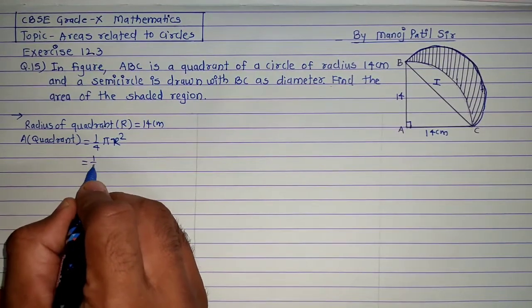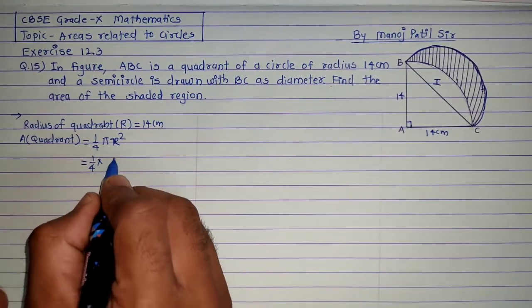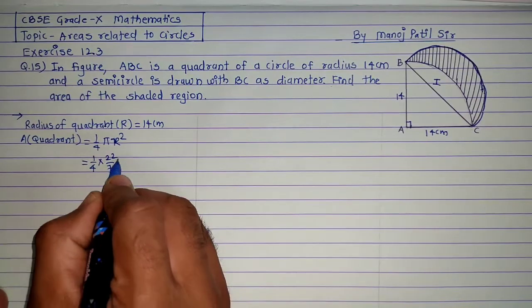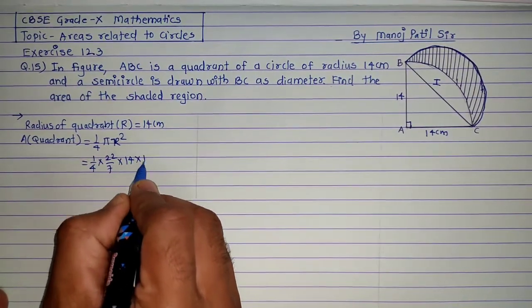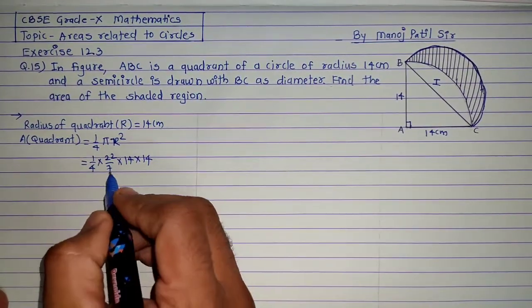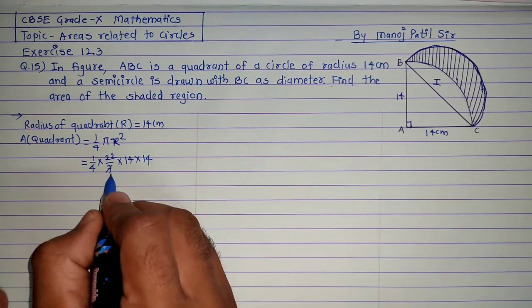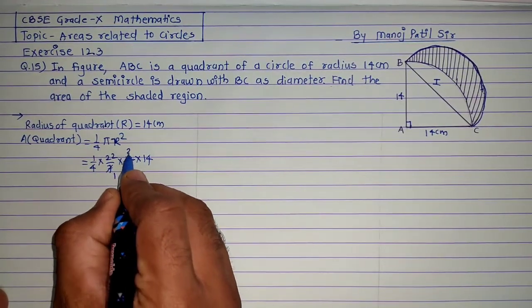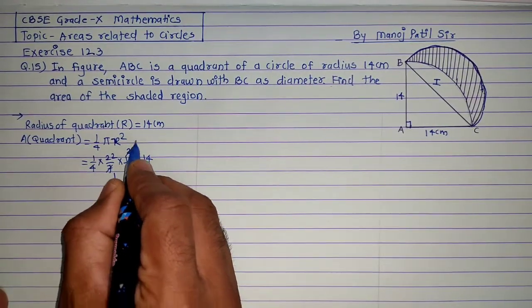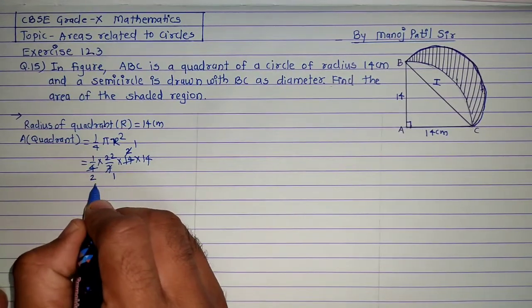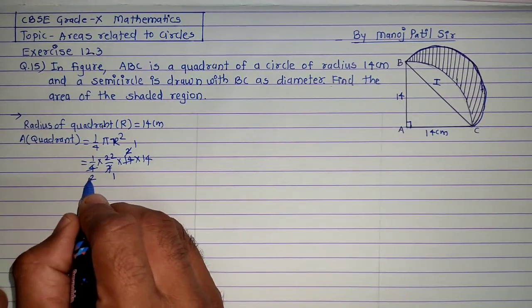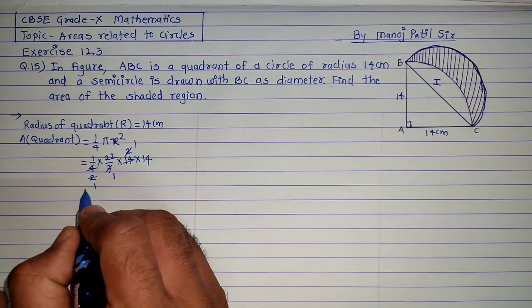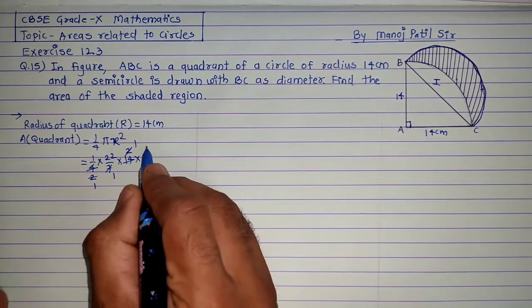So let us substitute the values. 1/4, now pi is 22 upon 7 and r is 14 multiplied by 14. Let us solve this. 7 twos are 14, 2 twos are 4, and again 2 sevens are 14.